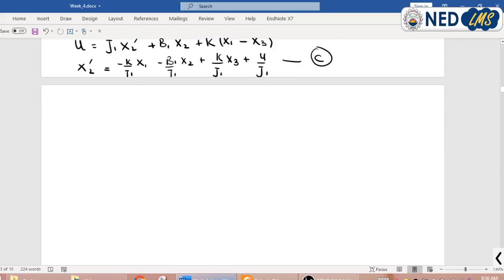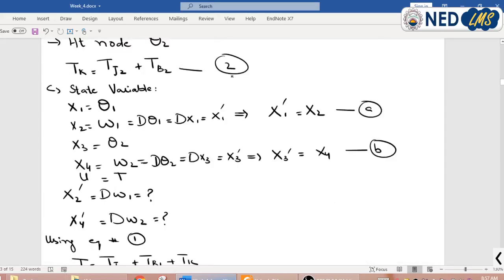Similarly, we want to evaluate x4 dash. x4 dash can be evaluated using equation number 2. Equation number 2 was Tk is equal to torque due to J2 plus torque due to V2.